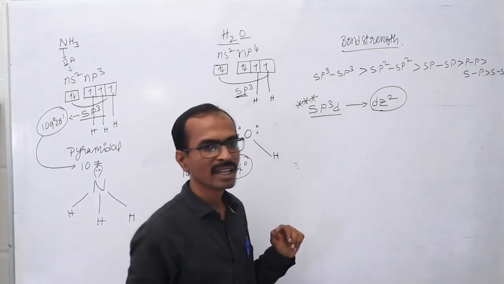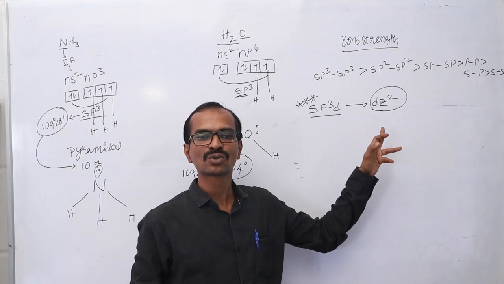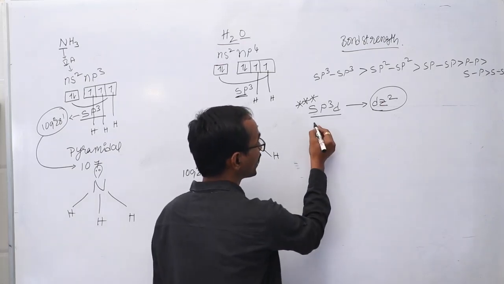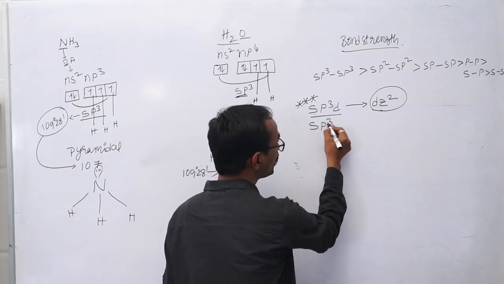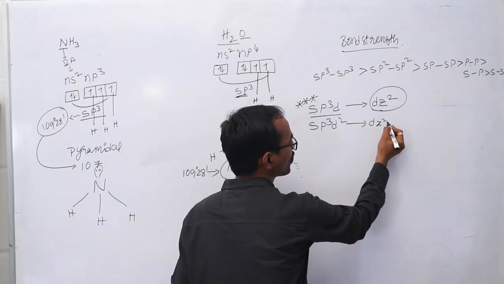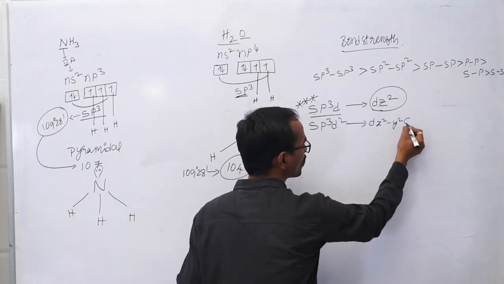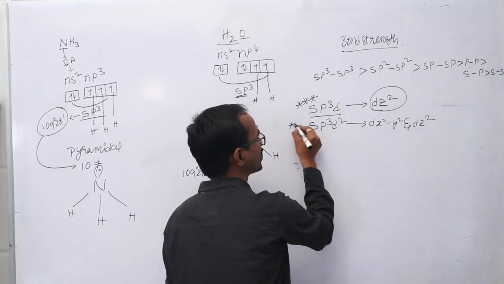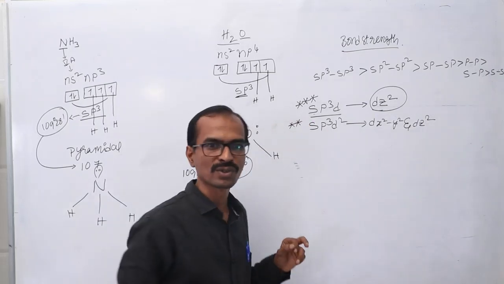In sp3d hybridization, the dz square orbital is involved in the hybridization process. Next, in sp3d2 hybridization, the dx square minus y square orbital and dz square orbital participate in the hybridization process.